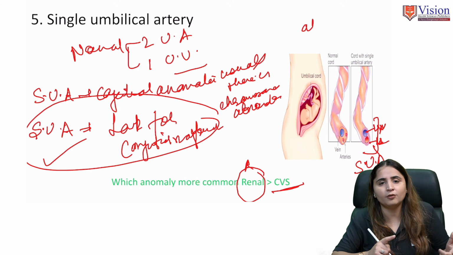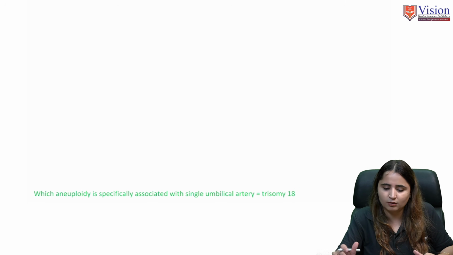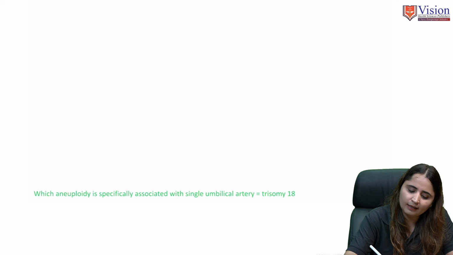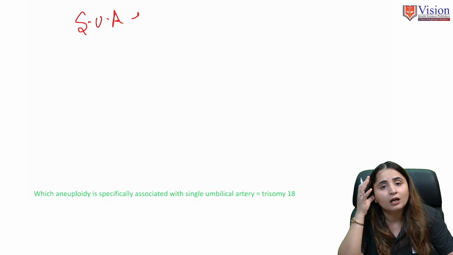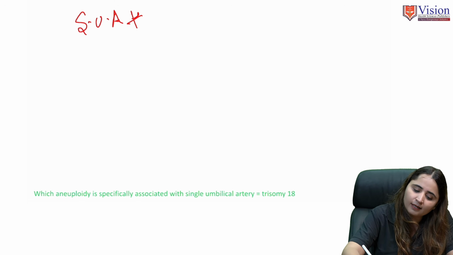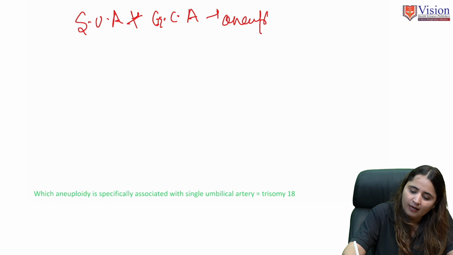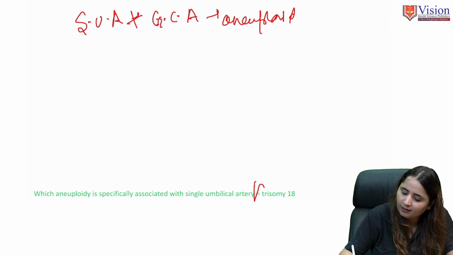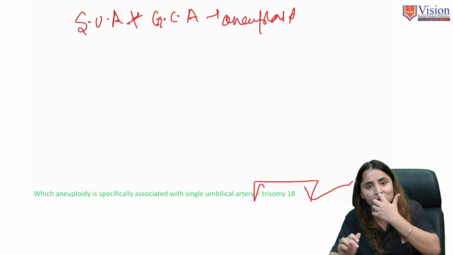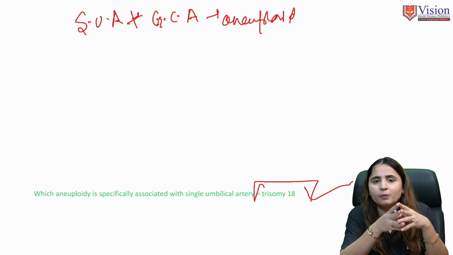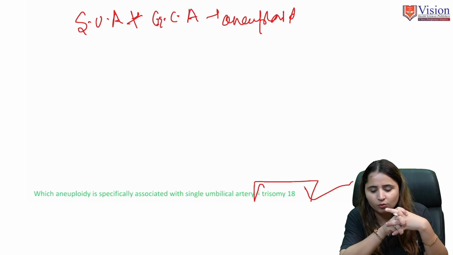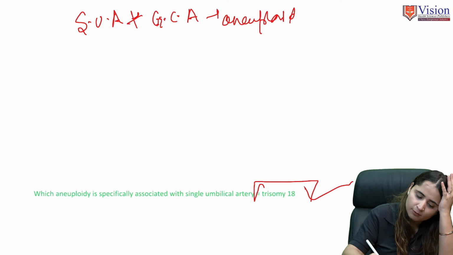So renal conditions are more predominant as compared to cardiovascular. When we know it is a single umbilical artery, and there is also a gross congenital abnormality, it will lead to aneuploidy. And which aneuploidy is most common? It is trisomy 18. Very important question: which trisomy is common in single umbilical artery? It is trisomy 18.